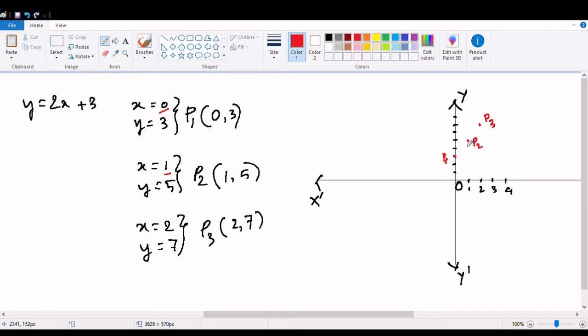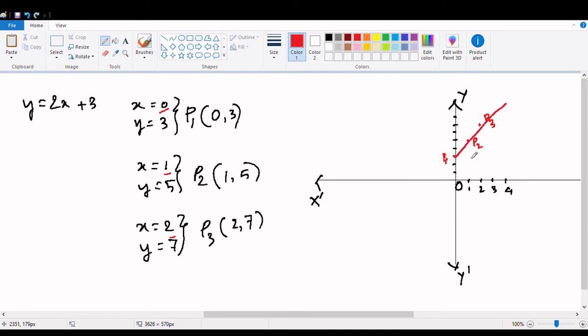Similarly, for the points between x equals 1 and 2, the value of y for each and every value of x between 1 and 2 will lie between points P2 and P3. So with that concept in mind, we can draw this line, right?